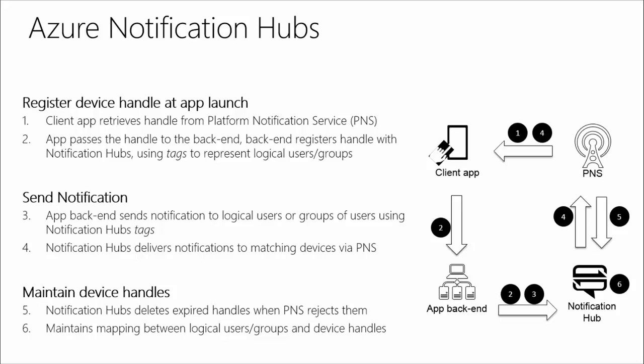When I want to send a notification, the back end will send a notification to logical groups of users using that particular hub tag. The notification hub delivers the notification to the matching PNS, or matching users who are interested via the PNS. And again, it maintains the device handles the same way.